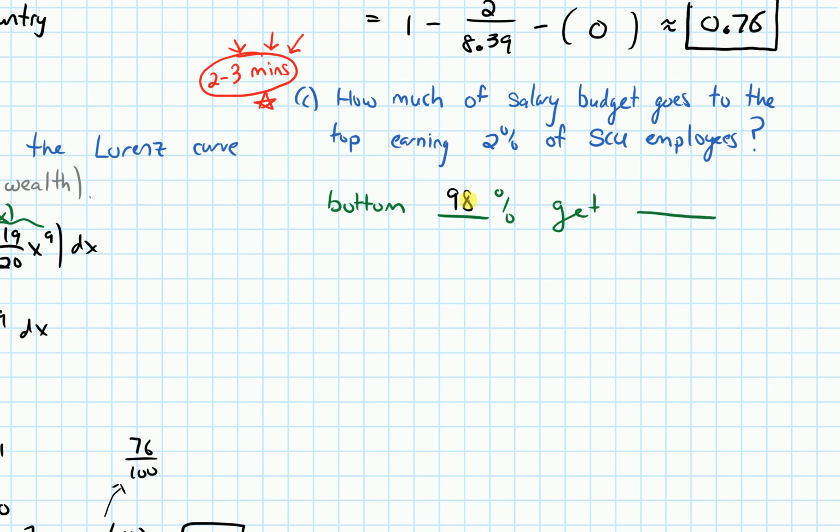So how do I determine how much the bottom 98% gets? Well, at this point I know my Lorenz curve completely. They would get f of 0.98. I have to plug 0.98 into my Lorenz function and see what that output is.